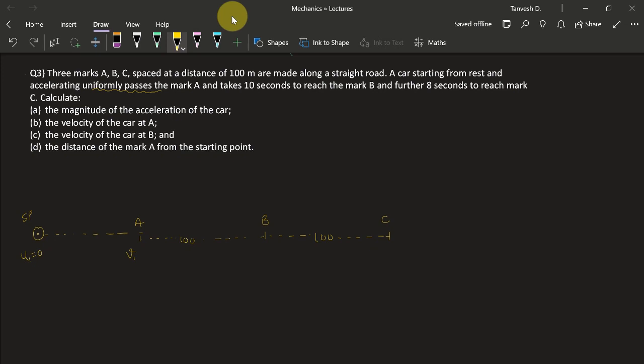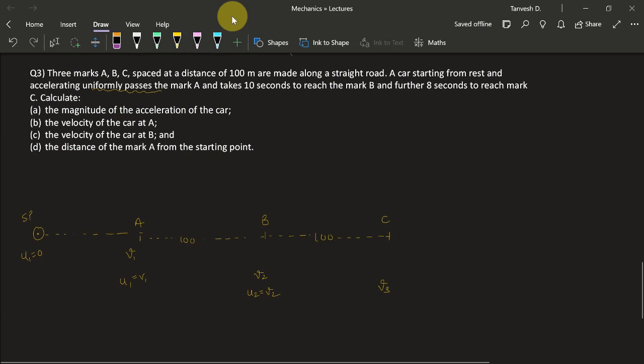Then this v1 will be the initial velocity at point A, and then when it reaches point B, let's say v2 is the final velocity. This will be the initial velocity at point B, right? And when it reaches finally at point C, the final velocity is v3. So this is the basic hierarchy that we have established right now.